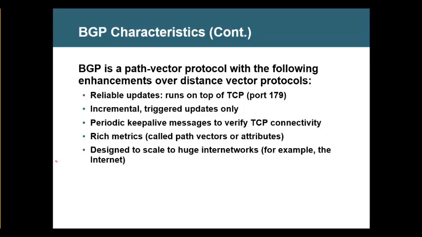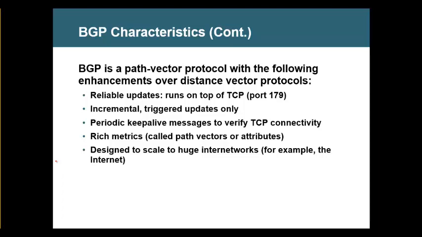With the neighbor, it will go and negotiate. When it negotiates, it uses TCP 179 to tell that I'm looking for BGP. BGP's reserved port number is 179. And there is no periodic update. We got a triggered incremental update. So whenever a change happens, only the change is triggered to every neighbor.